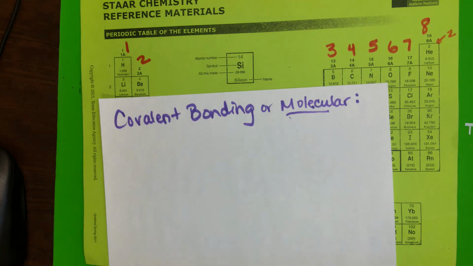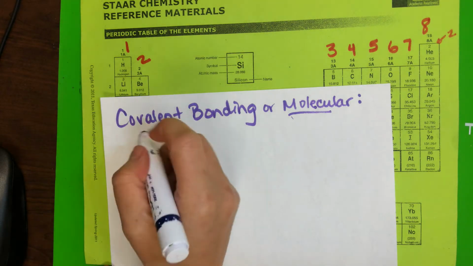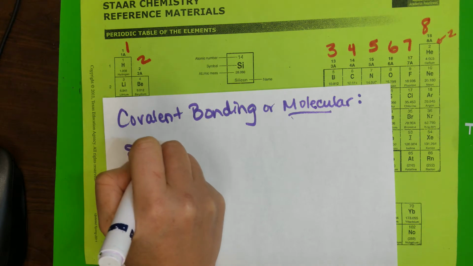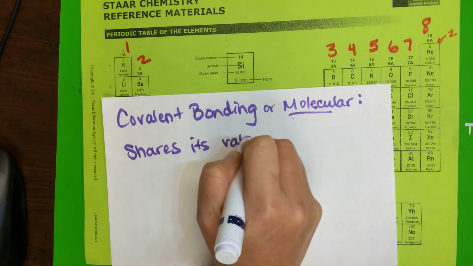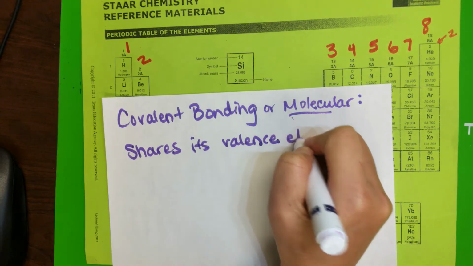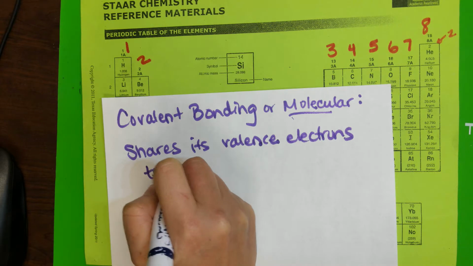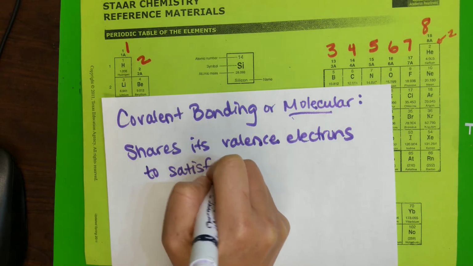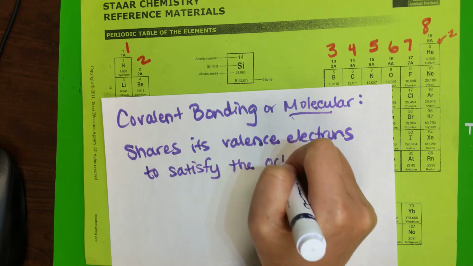Make sure you write down this note. Covalent bonding, or molecular, is where atoms share their valence electrons to satisfy the octet rule.